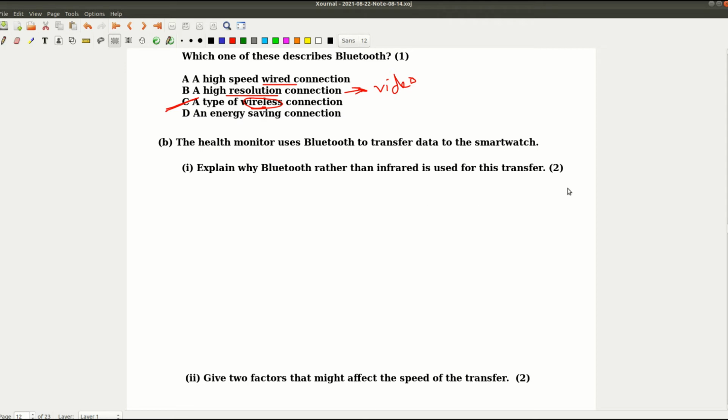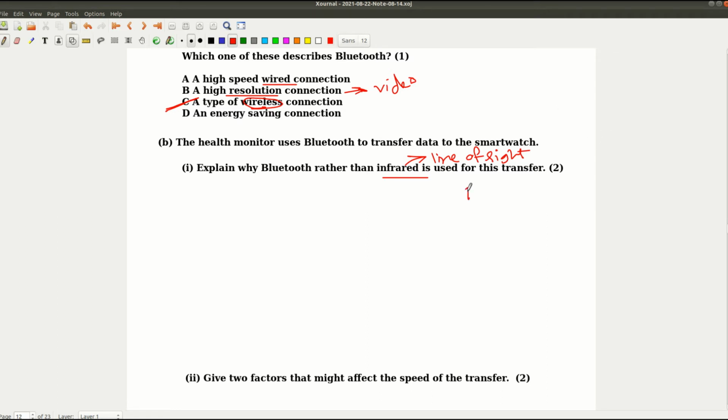One of the reasons is that infrared uses line of sight. Line of sight means it transfers light to the device it wants to control.